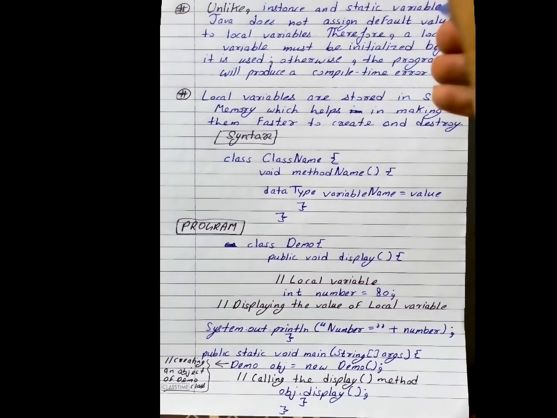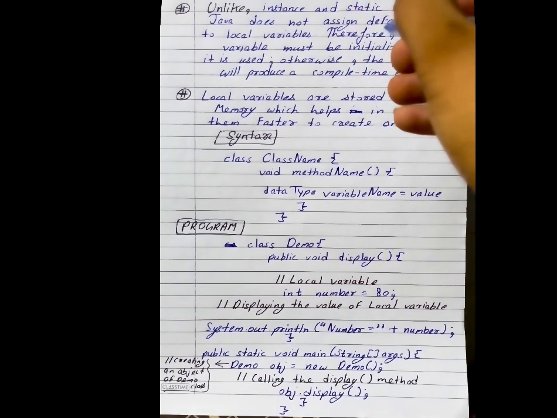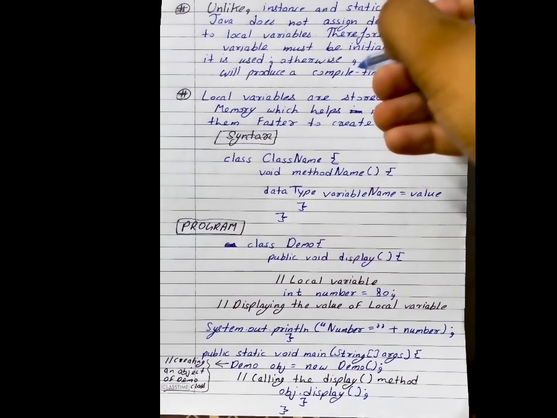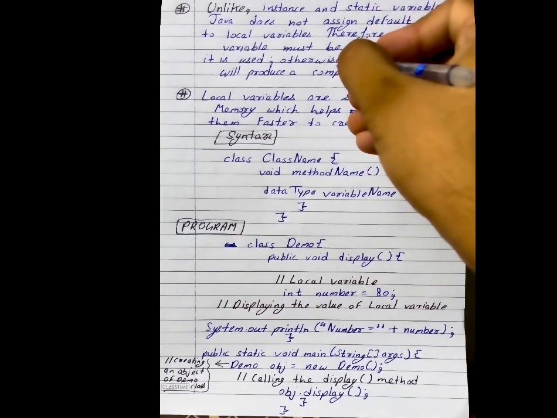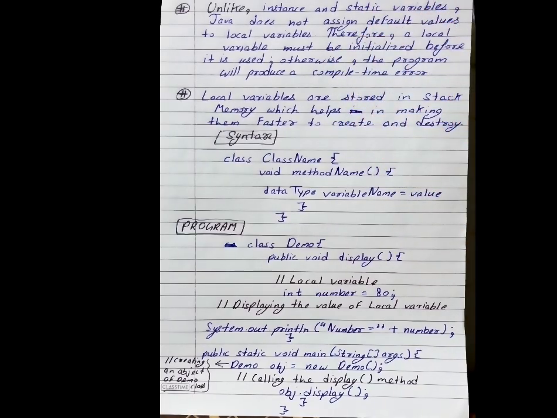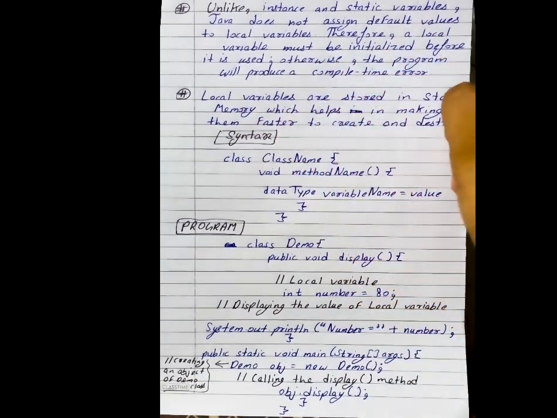Therefore, a local variable must be initialized before it is used, otherwise the program will produce a compile-time error. Remember that. And local variables are stored in stack memory, which helps in making them faster to create and destroy.